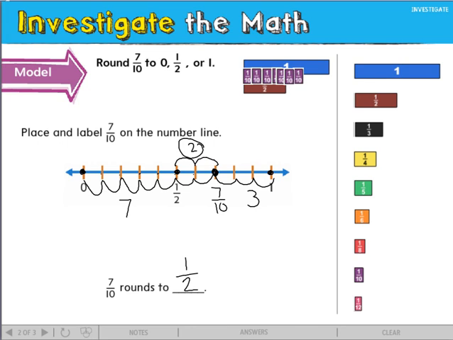But anyways, the number line shows us that it's only 2 away from 1/2. So this distance is shorter than that distance and that distance. I'm sorry, I just messed up. It's shorter than this distance and that distance. Okay? So it's whichever one it's closest to on the number line. Alright.